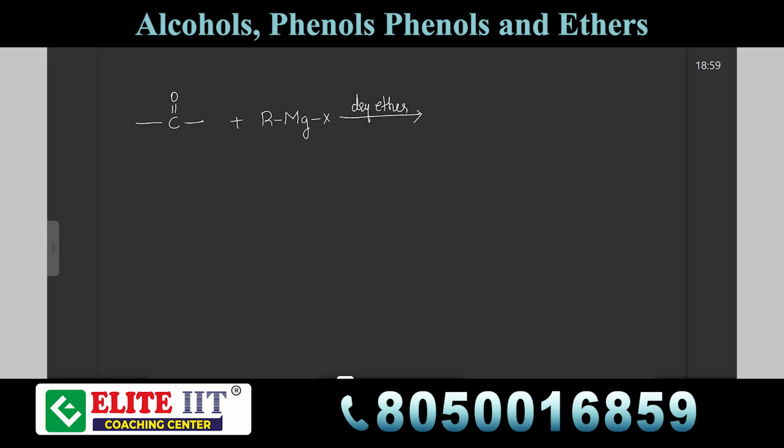The question is, if you don't use dry ether, we get a hydrocarbon, right? Because in presence of a water molecule, the reagent will be destroyed. Concentrate here. R will come and attack the carbon atom here, and oxygen will have a minus sign.